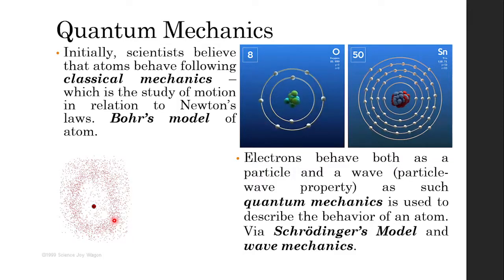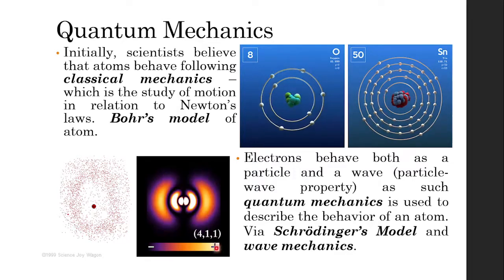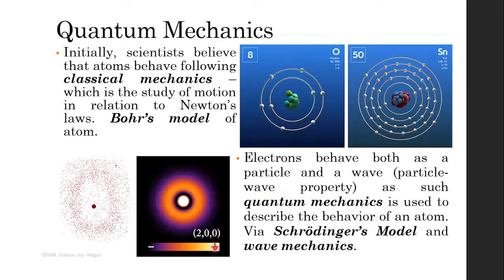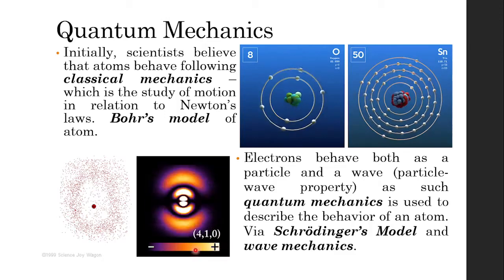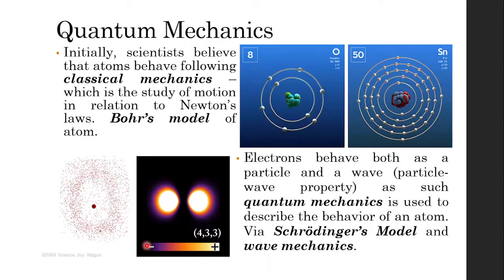And from continuous study, we were able to identify various orbitals. When we talk about orbitals, there can be various shapes or areas where we can find the electrons, which in turn gives us something like this. The area that's whiter, as you can see here, has a higher probability that you will find your electrons there. And the darker the area is, the less likely that you will find the electron there.